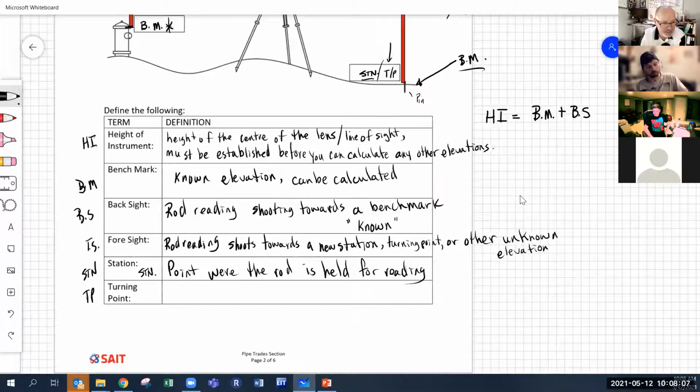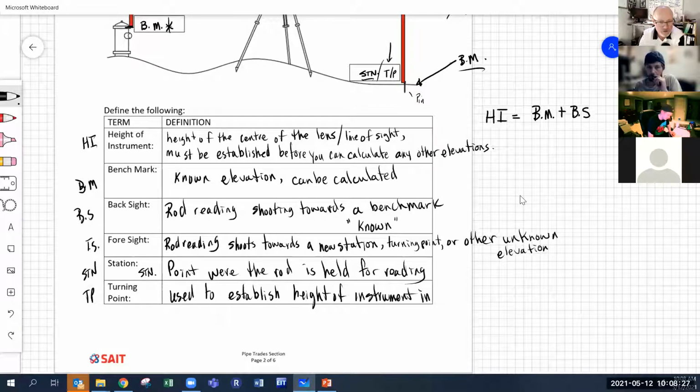The turning point is used to establish... Foresight is TS or is that the FS? That's FS, sorry, that's an F. Okay, no worries. I can't draw in the lines. I'm just a little messy.